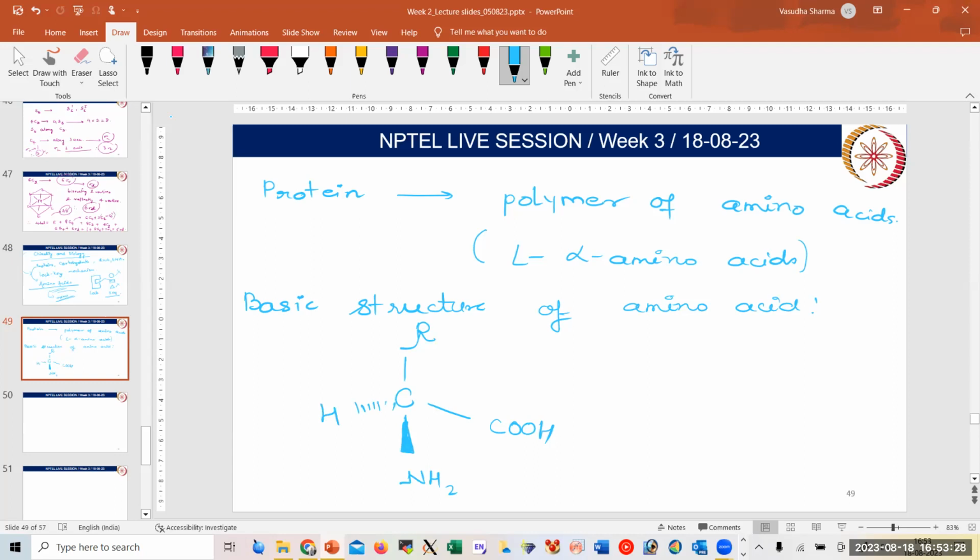So for giving the L and D form, this is anti-clock rotation, this is clock rotation, and our existing amino acids are mostly in L form.